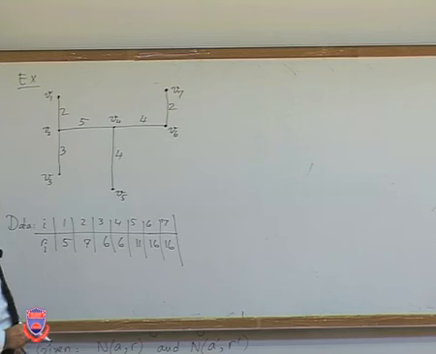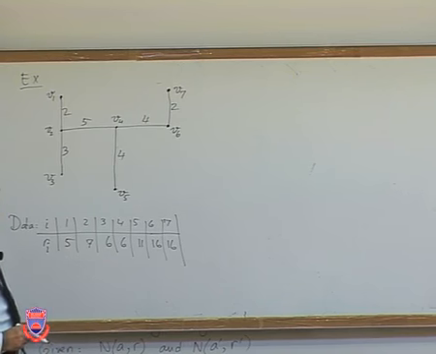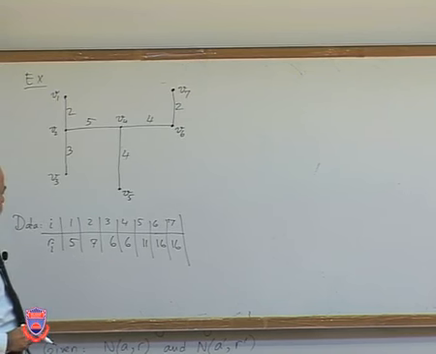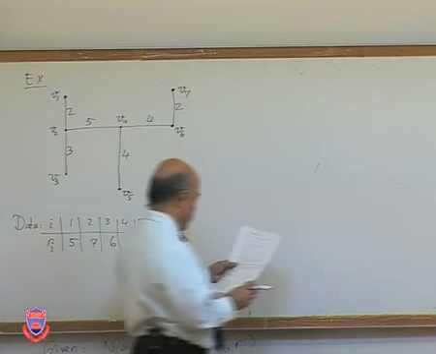And that's my data. The Ri are 5, 7, 6, 6, 11, 16, 16. Okay.